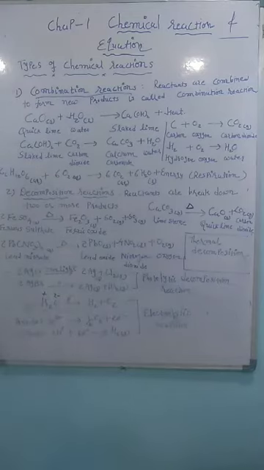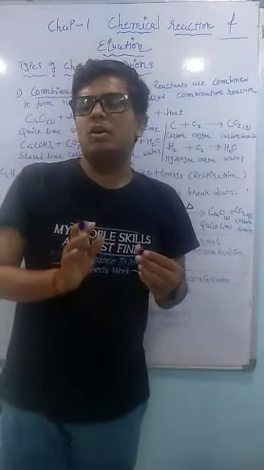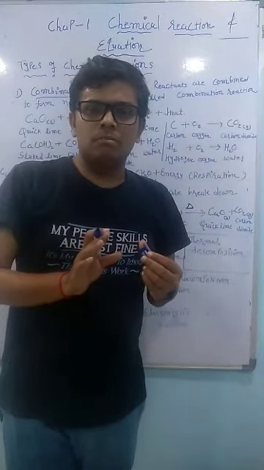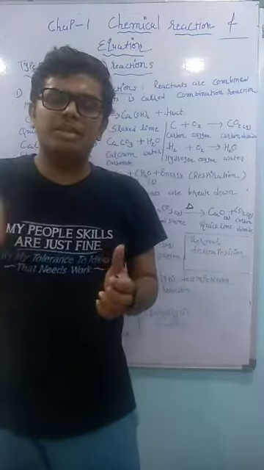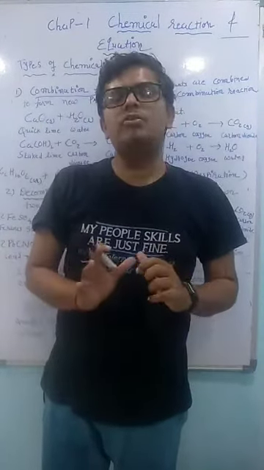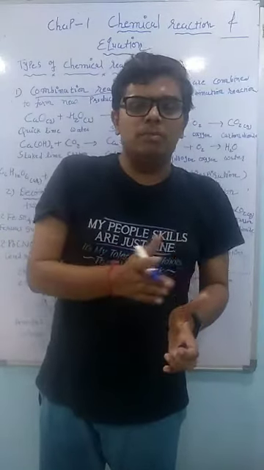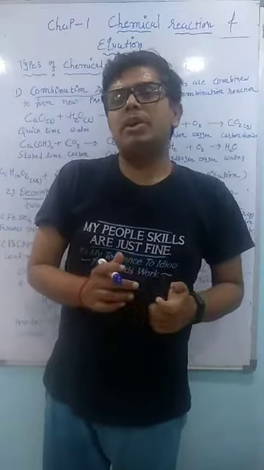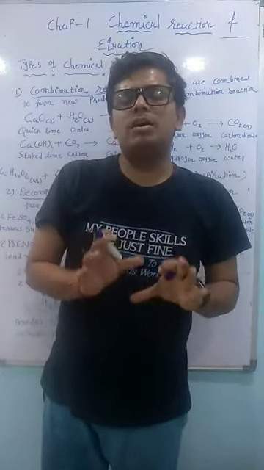Now we will learn about the cathode. The metal or non-metal on which reduction reaction occurs is called the cathode. The old definition is that hydrogen is added and oxygen is removed, but you have to remember the new definition. The reaction in which electrons are consumed, used up, is called the reduction reaction. So reduction reaction always occurs on the cathode.